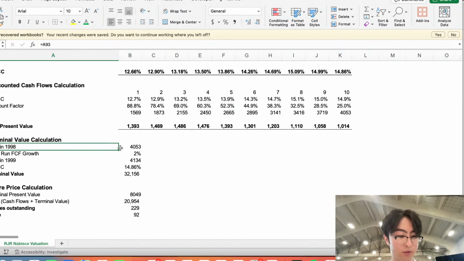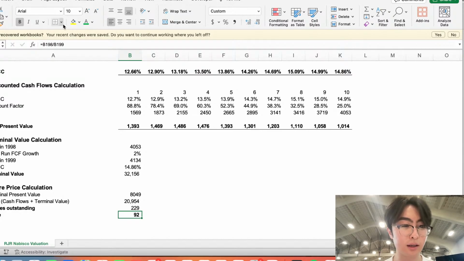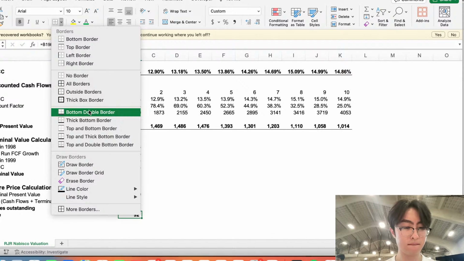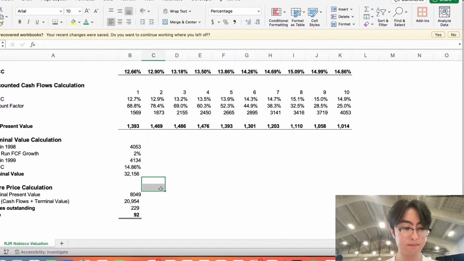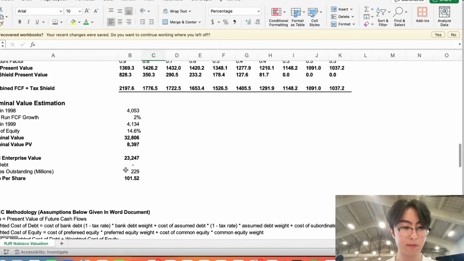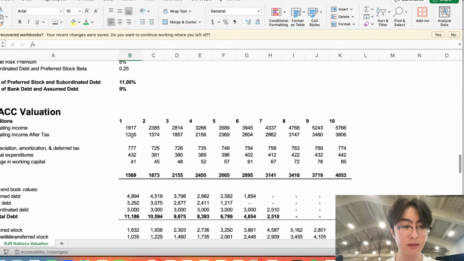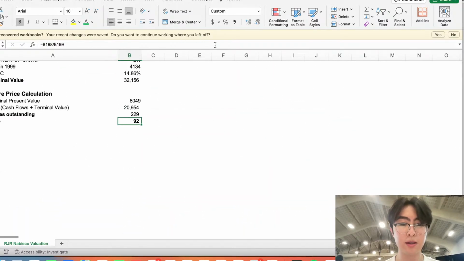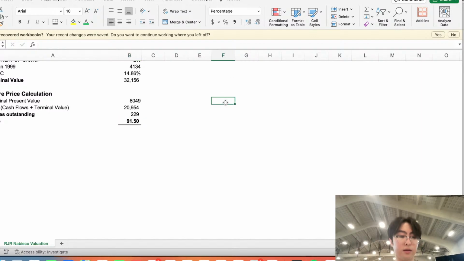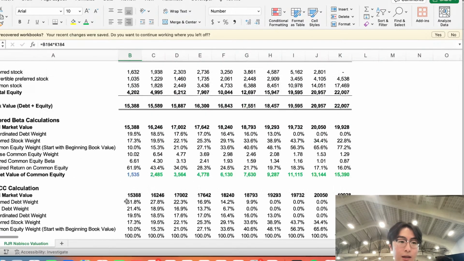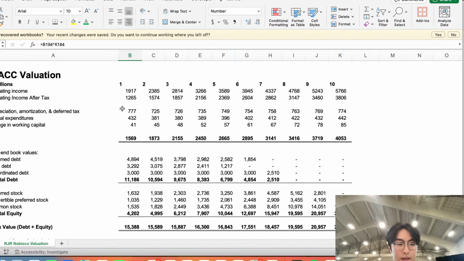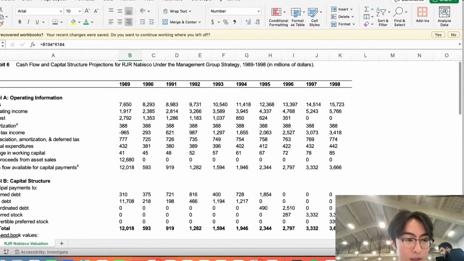Now we have share price. Underline this. So wait. Maybe. Alright, there we go. I need 1.5. Okay. So it's about like a $9 difference. I'll take that. All right. I think I'm going to stop this one here then.